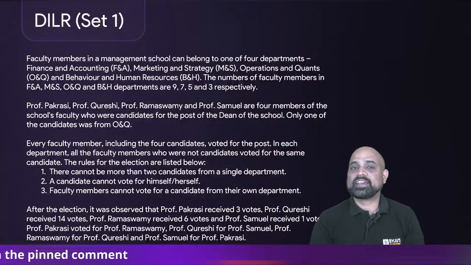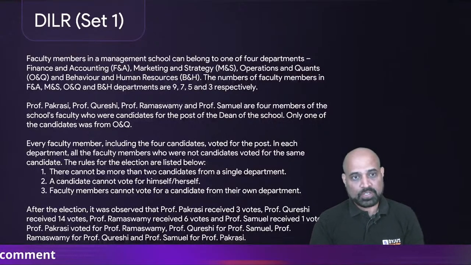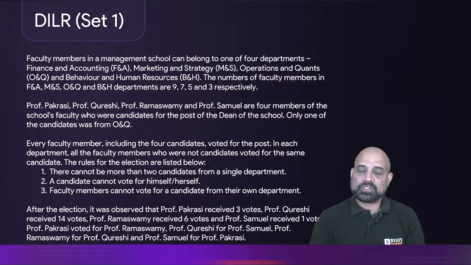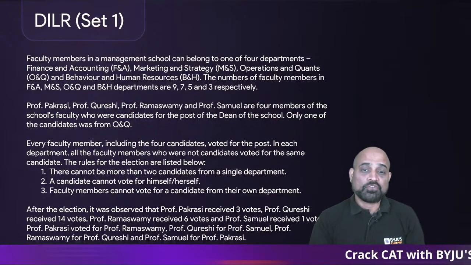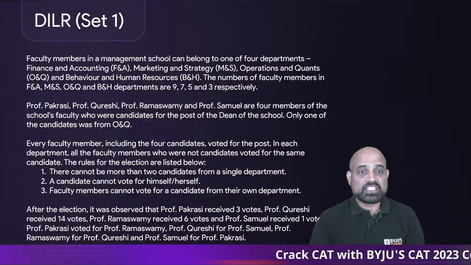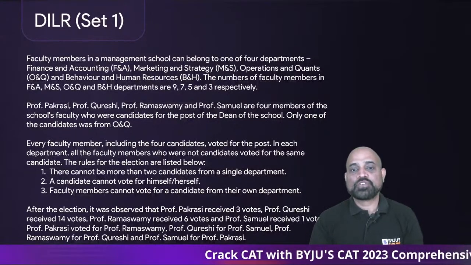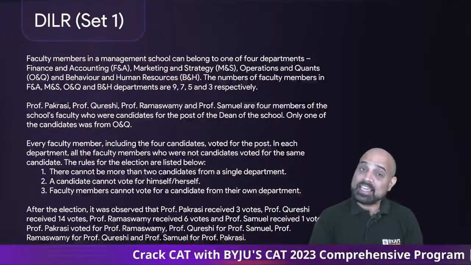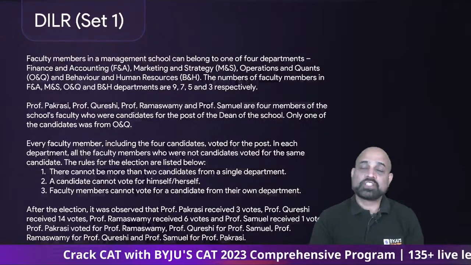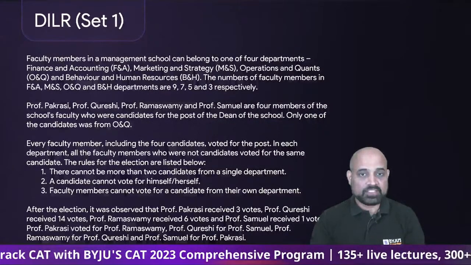Only one of the candidates was from O&Q. Every faculty member, including the 4 candidates, voted for the post. In each department, all the faculty members who were not candidates voted for the same candidate. The rules for the election are listed below.